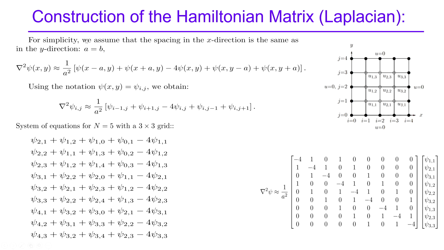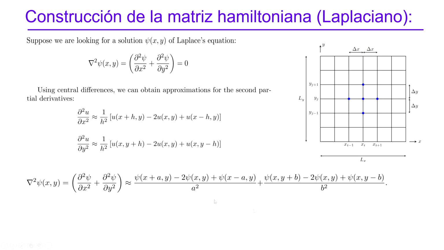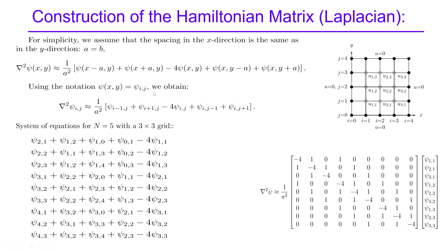For simplicity, we assume that the spacing in the x direction is the same as in the y direction, okay? A equals b, to simplify things. So we can have this form.